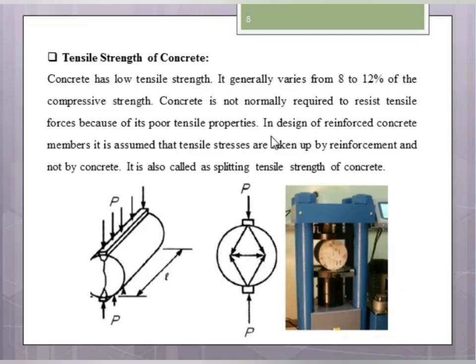You will study this in your structural design subjects also. In the design of reinforced concrete, that is RCC members, it is assumed that the tensile stresses are taken up by the reinforcement and not by the concrete.